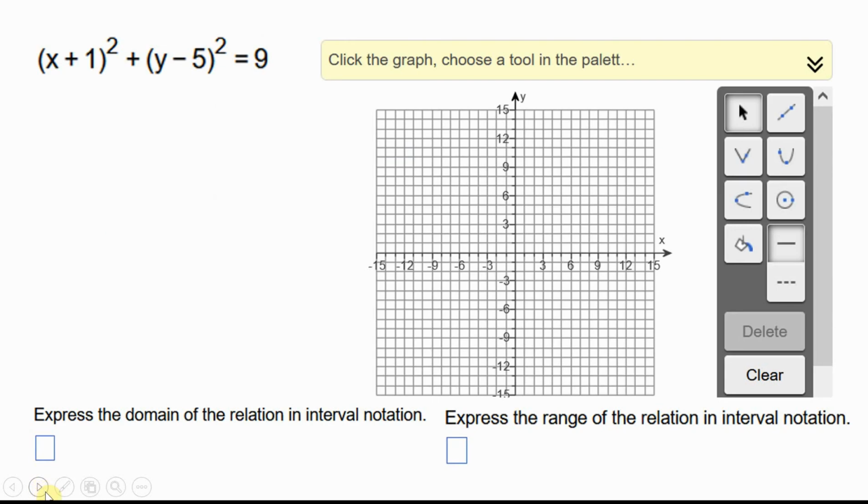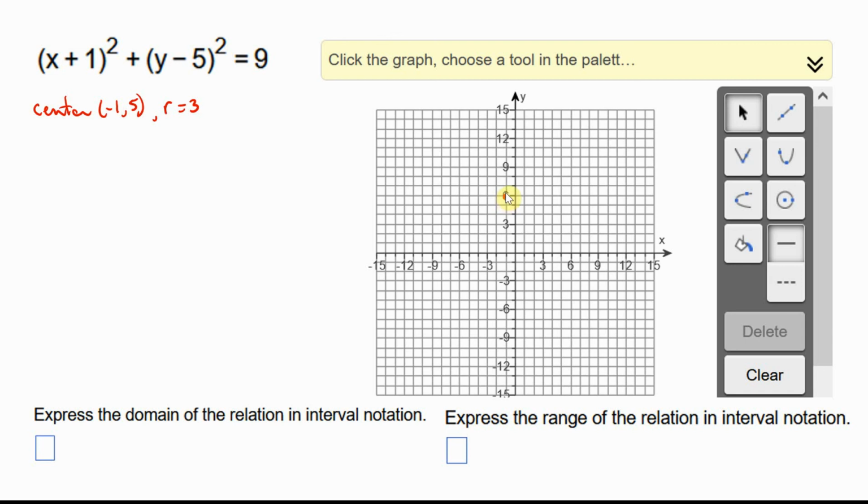And so to graph that, we're going to find the center, that -1 comma 5, and then the radius 3. So we find -1 for x, and then we're going to go up to 5.